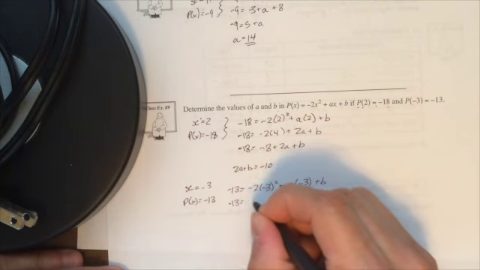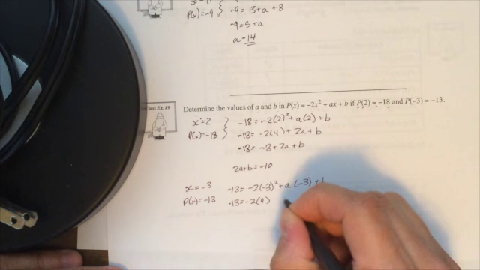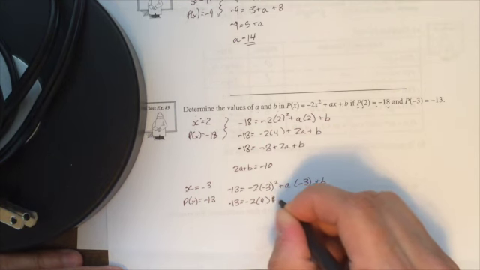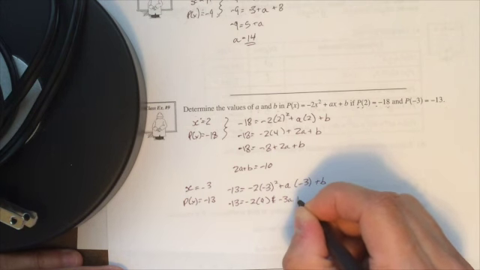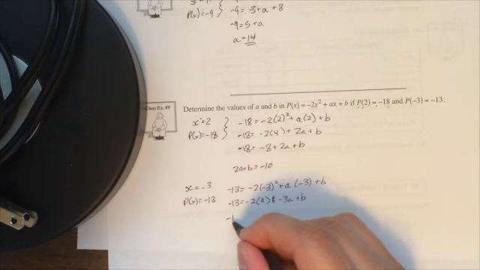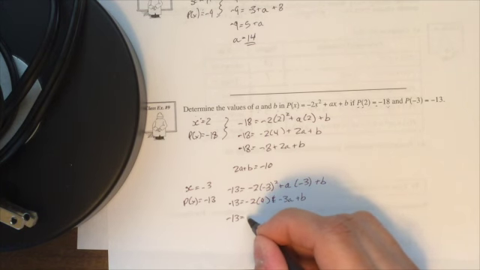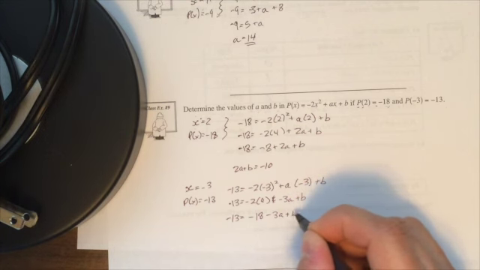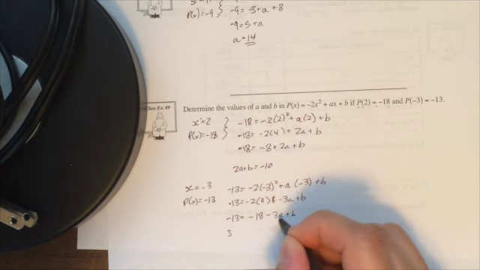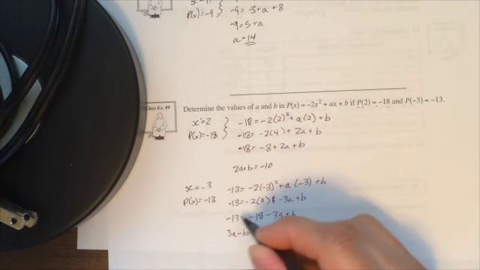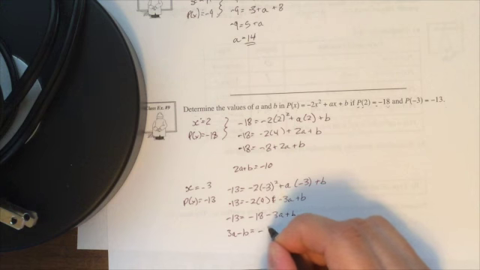Negative 13 is equal to negative 2 times 9 minus 3a plus b. Negative 2 times 9 is negative 18, minus 3a plus b, and I get, if I bring my 3a and my b to the other side and my 13 to this side, I get negative 5.